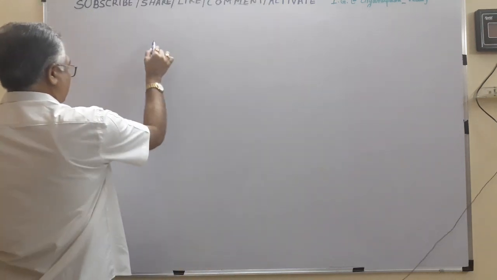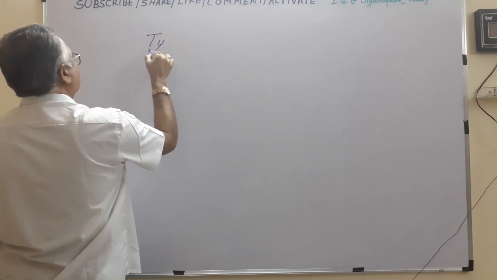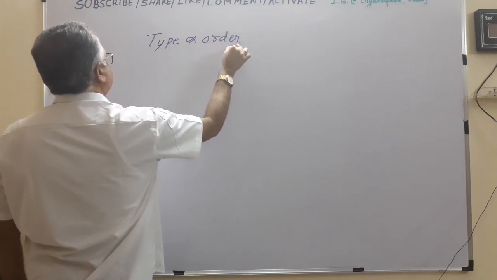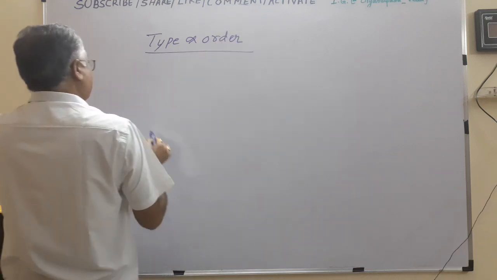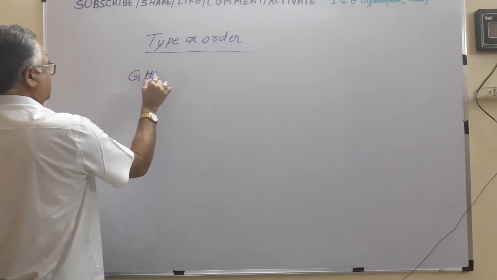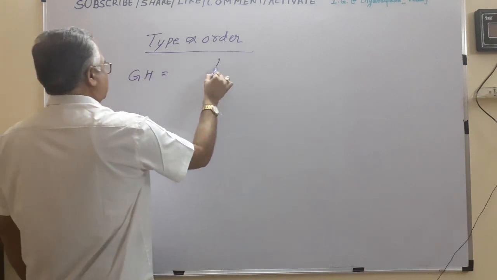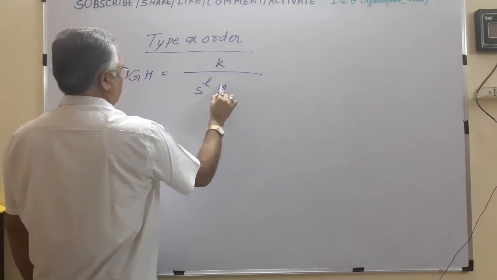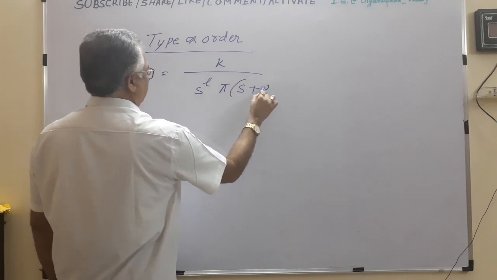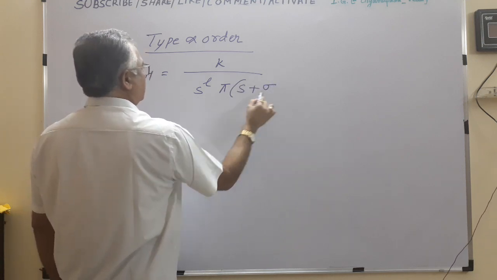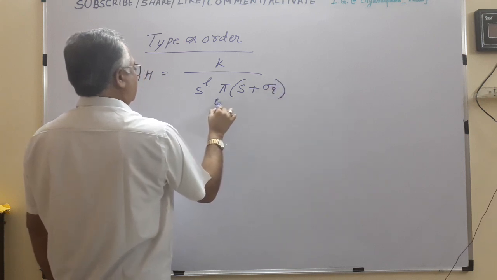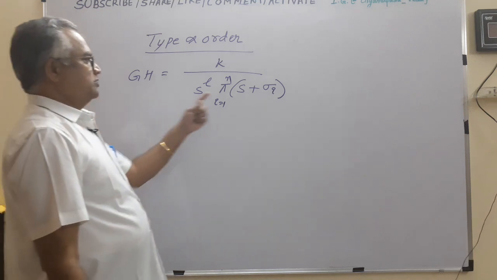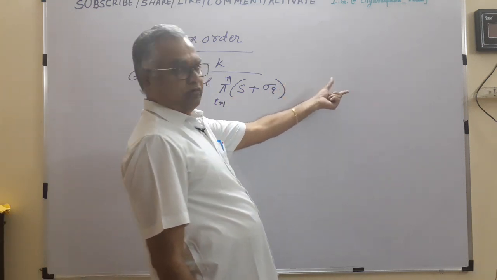Next, type and order. In general, G of H equal to some constant K by s power L, then s plus sigma 1 into s plus sigma 2 and so on.